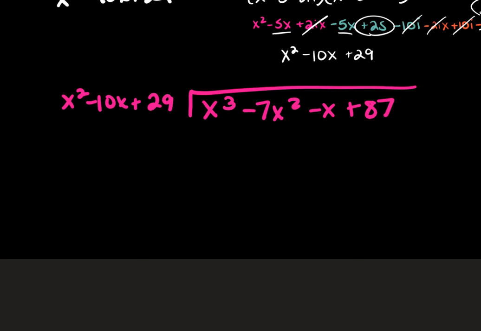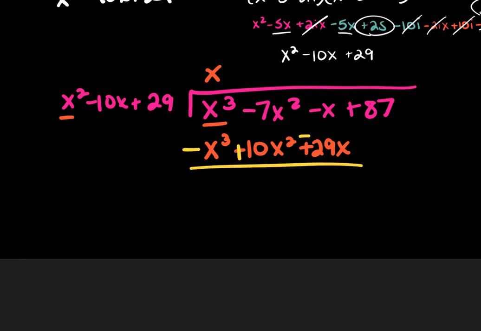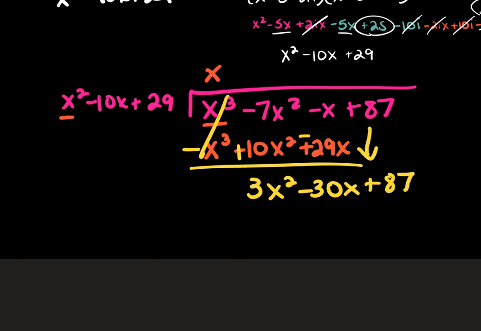And x squared into x to the third is x. I'd get x to the third minus 10x squared plus 29x. Change your signs. Cancels. 3x squared minus 30x plus 87.